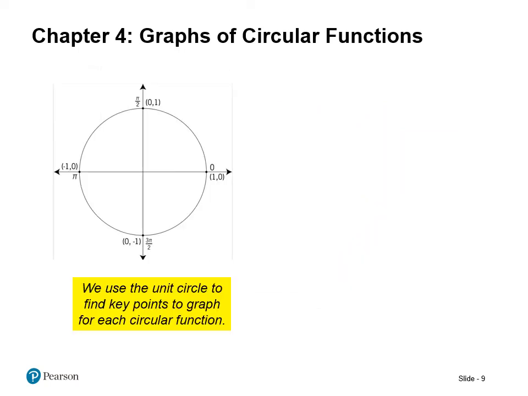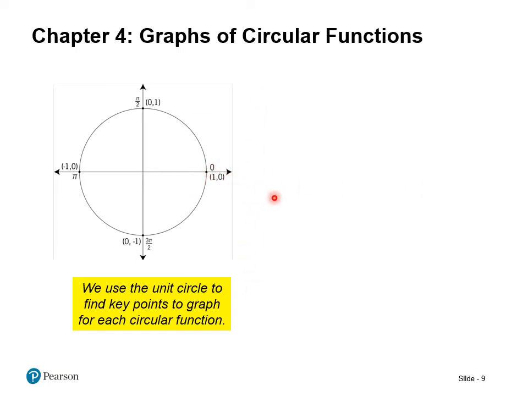Now, to find those key points, the x and the y, we're going to use the unit circle. So again, when we're thinking about the graph, what we're doing is we're stretching out the unit circle. Instead of making it into a circle, we're making it x values.